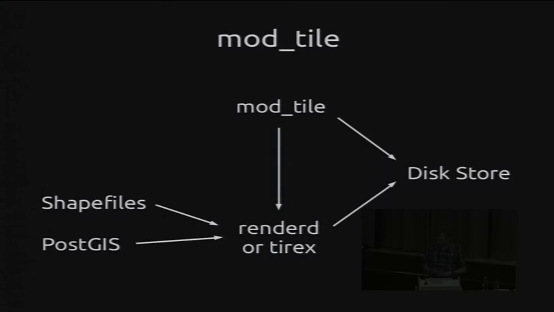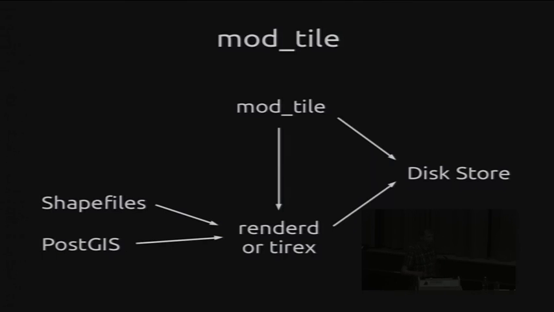Most OpenStreetMap layers that you see online are produced by a piece of software called mod_tile, which was mentioned in an earlier session. It's a module for the Apache 2 web server that takes inbound requests at the top, checks whether or not there are pre-created map images in the disk store, and if so, serves them immediately. Or if not, communicates with renderd or Tirex daemons.